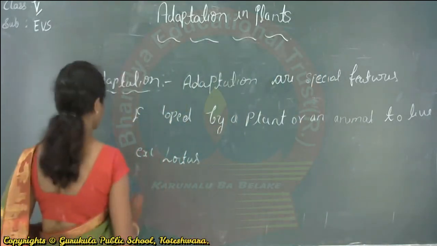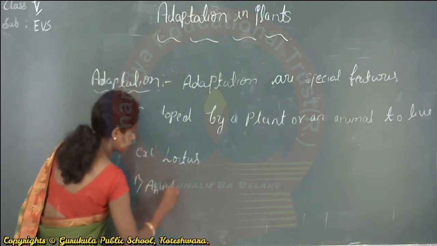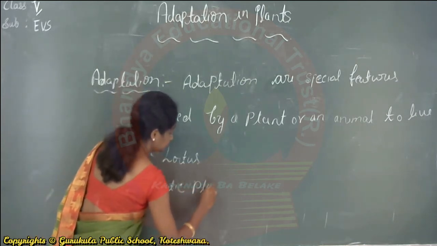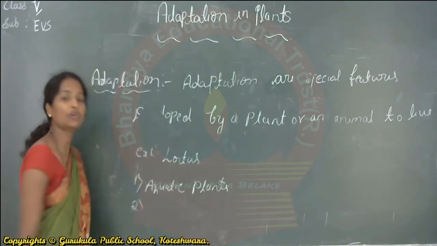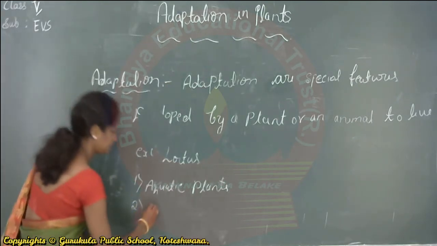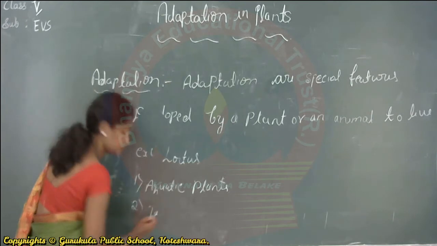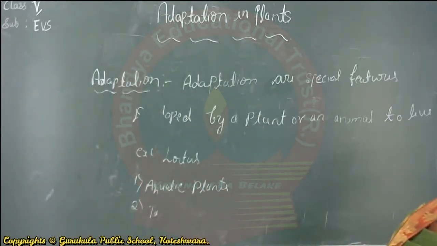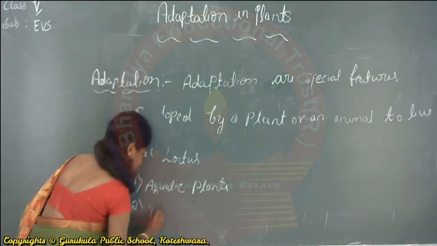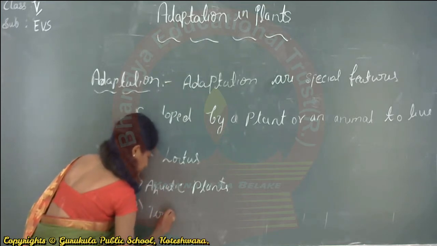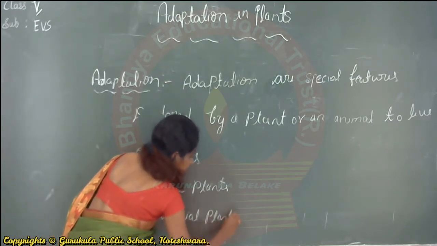One is aquatic plants, and the second one is terrestrial plants.